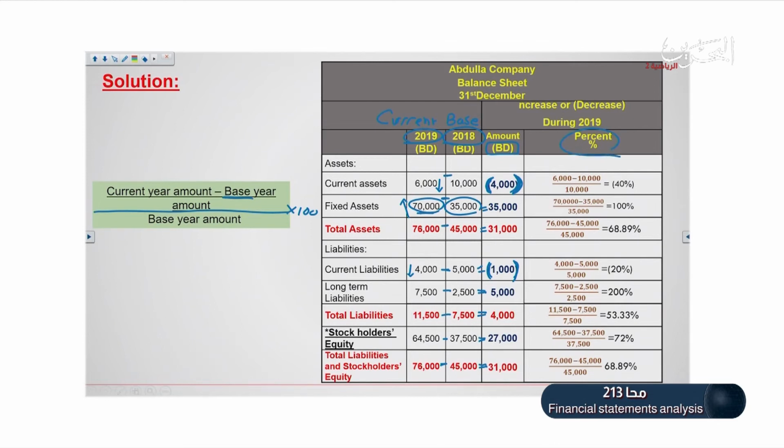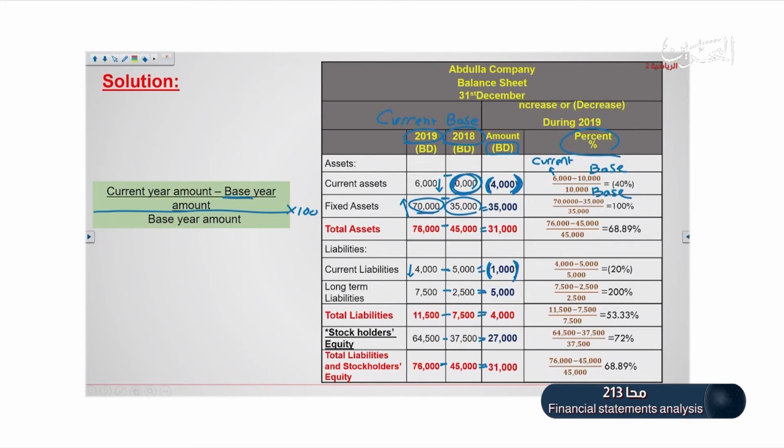We will apply the formula. We have the current year amount. This is the current year minus base over base year. Okay, so this is the base year, 10,000.